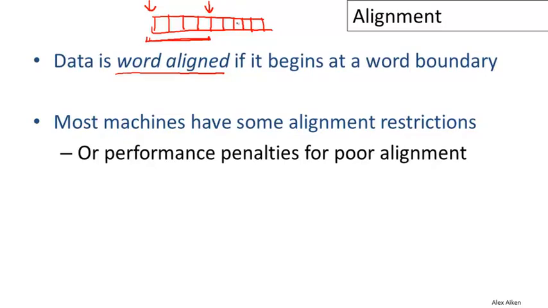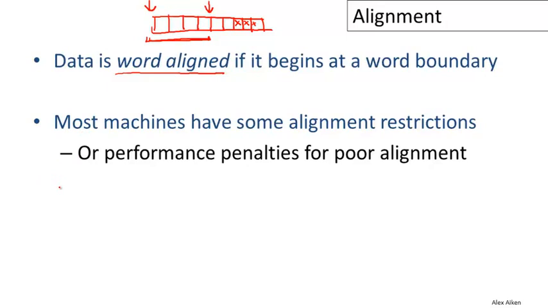If a piece of data begins in the middle of the word, so let's say for example that it begins here, this data is not word aligned because it doesn't begin on a word boundary.